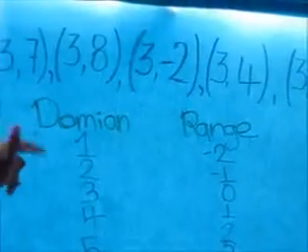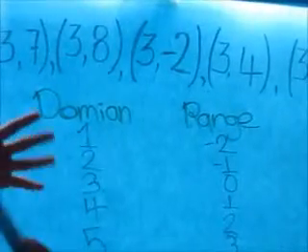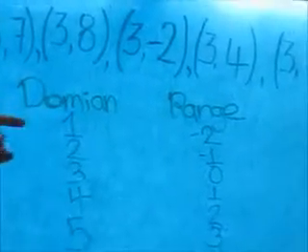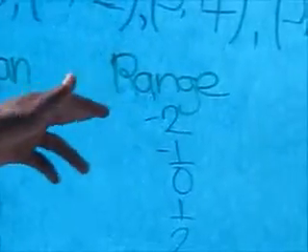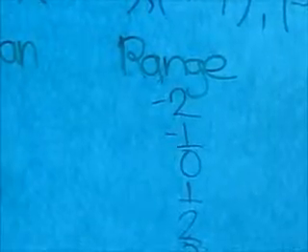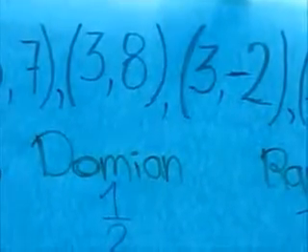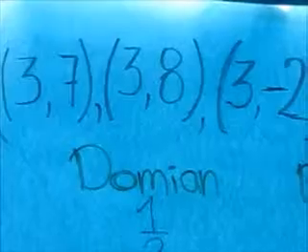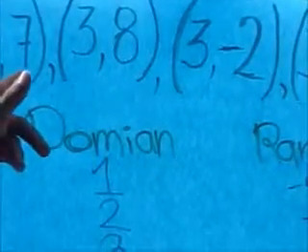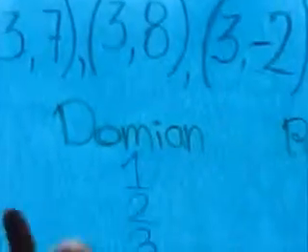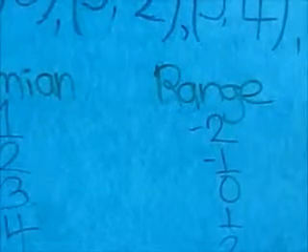So the domain are the x coordinates, and the range are the y coordinates. In the parentheses, always the first number is the domain, the x coordinate, and the second number is the range, that is the y coordinate.